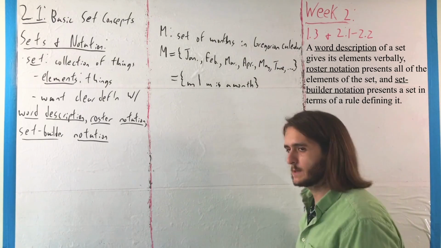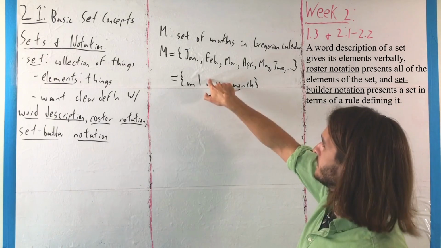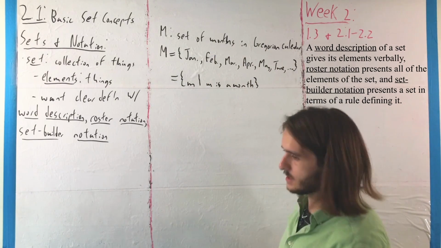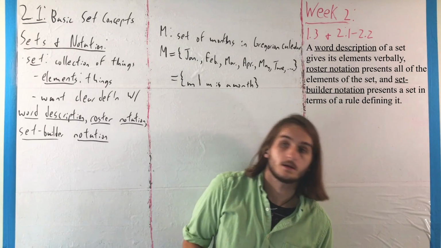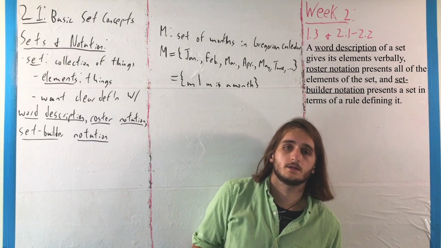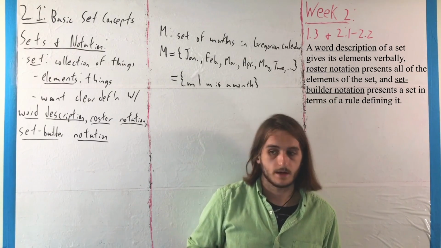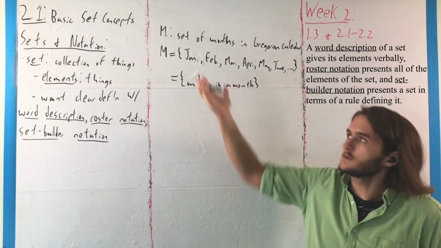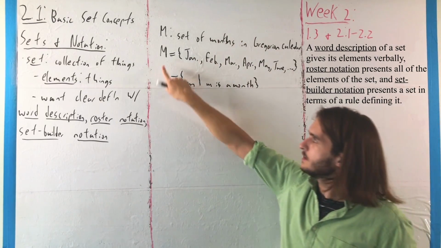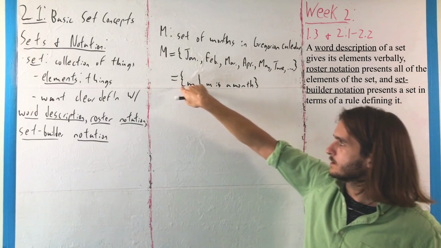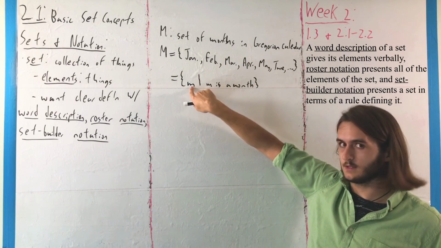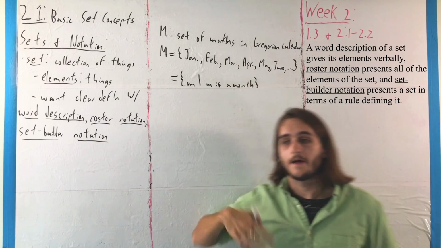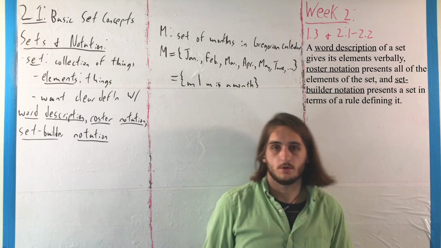Now, often, especially with something like this, that rule ends up looking a lot like the word description, but in other contexts, in more specific mathematical numerical contexts, they do have a bit more of a distinction there. In this case, it just happens that because we're describing months, the rule is months, so that's that. But point is, got our big thing, curly brace, single thing that should be in there, such that thing happens. That's how we use set builder notation.